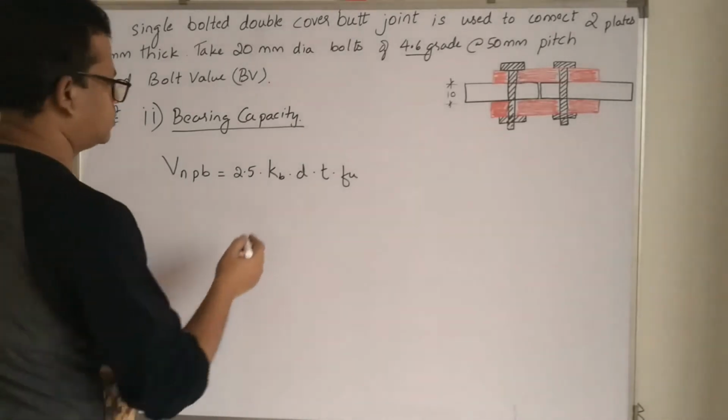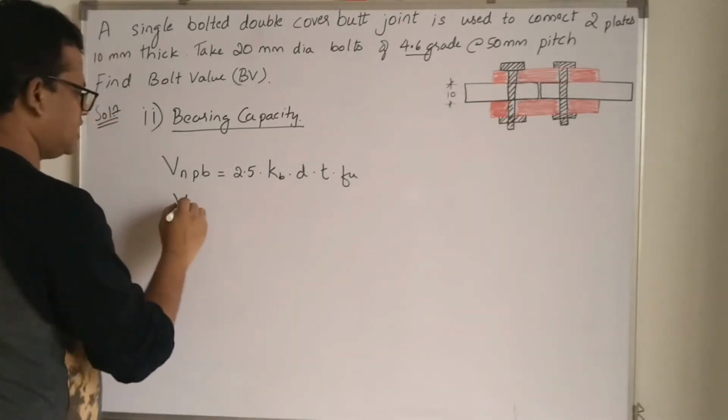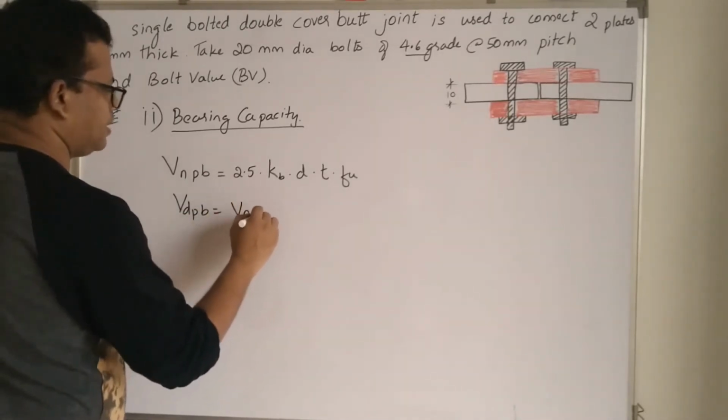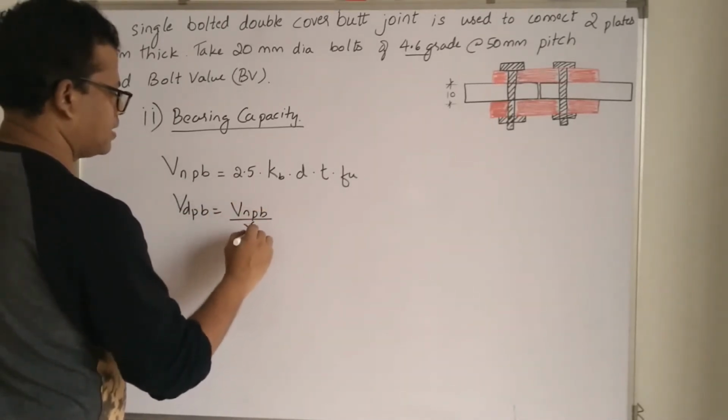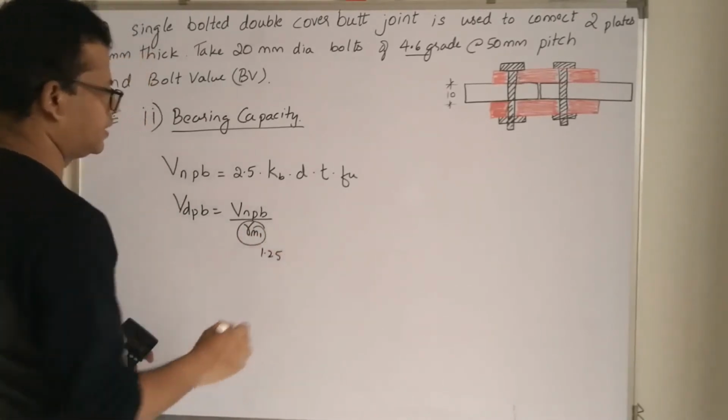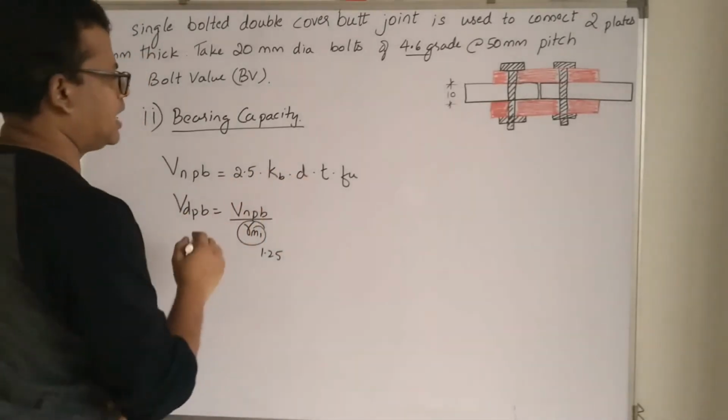Okay, so this is the value. Then VDPB will be equal to VNPB divided by gamma M1. So again this value is 1.25. Okay.